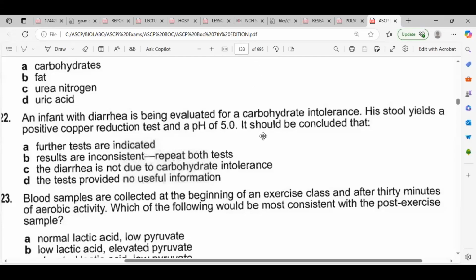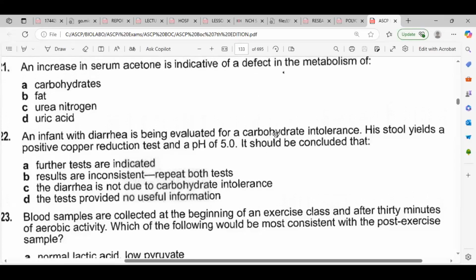What do you think about this? This small boy or girl has a stool showing a positive copper reduction test.